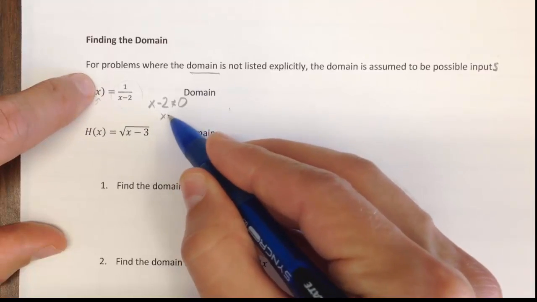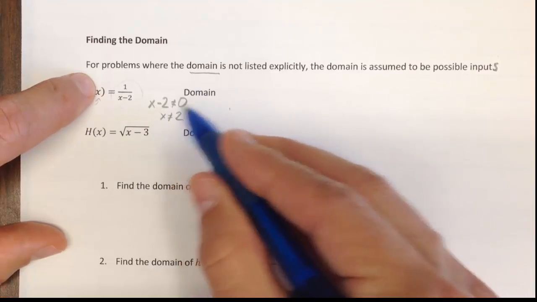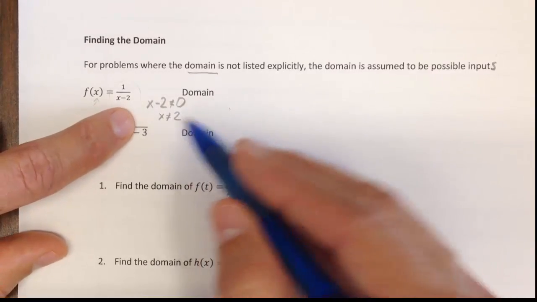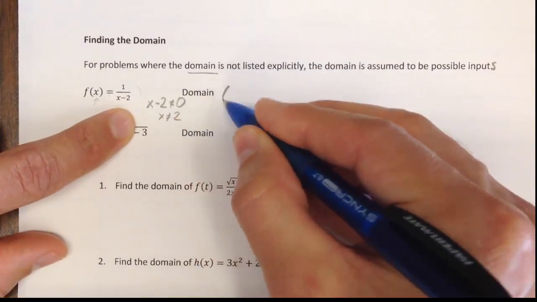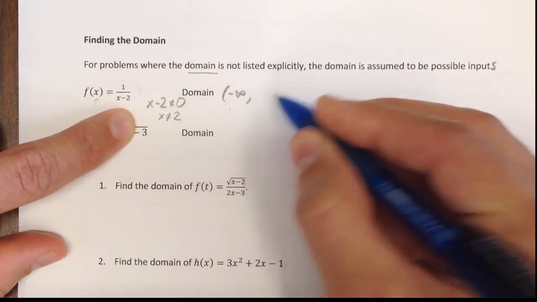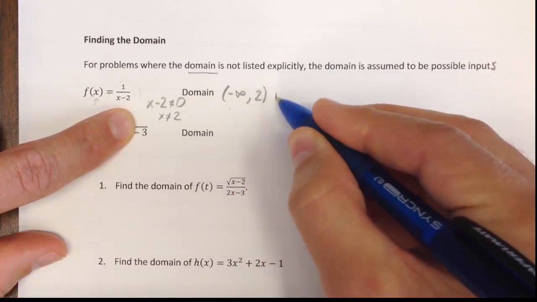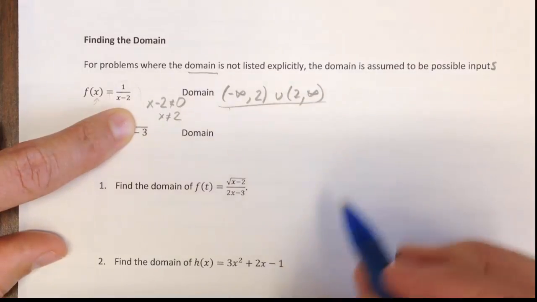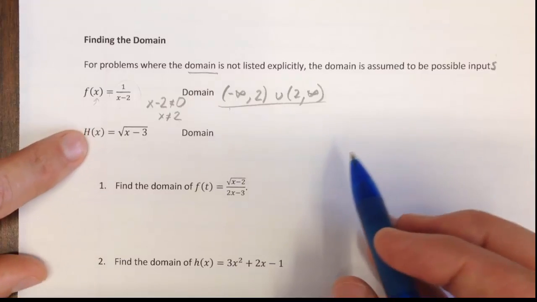That means x needs to not be equal to 2, right? Adding 2 to both sides. So if my domain is to avoid being 2, that means it could be negative infinity up to 2 or 2 up to infinity. So that would be the domain in interval notation.